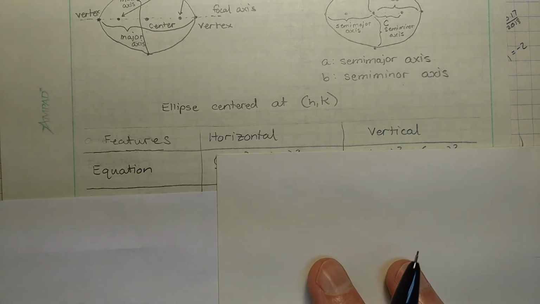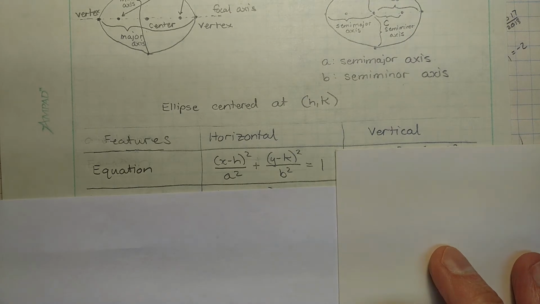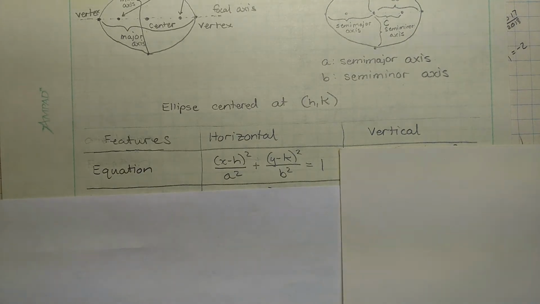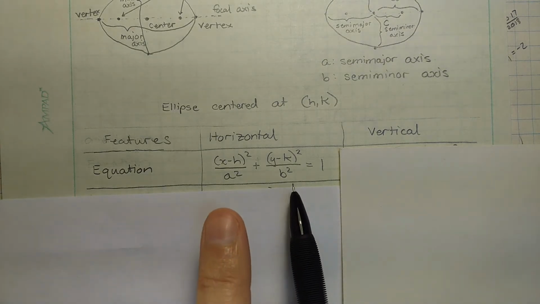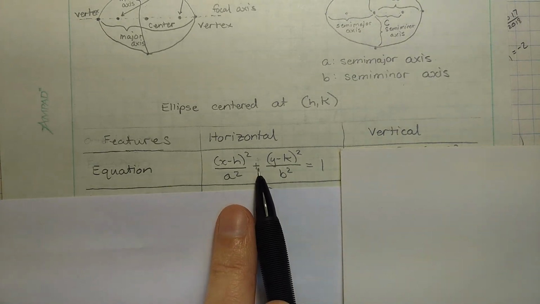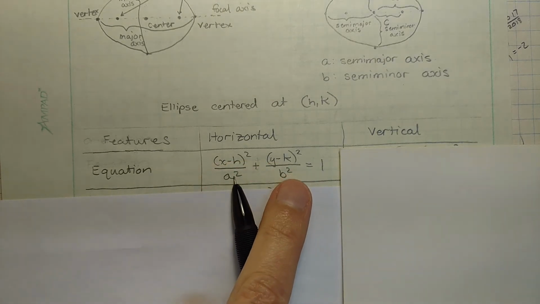Well, if it's horizontal, the equation looks like this. We have x minus h squared over a squared, plus y minus k squared over b squared. Now, the distinctive thing about this is that because it's plus, it doesn't matter which order these come in.